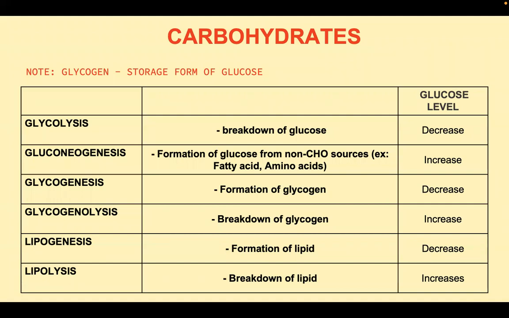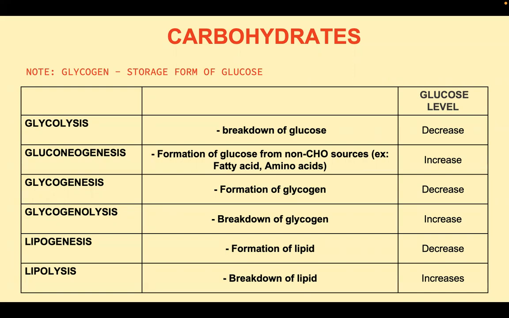So another additional information with regards to your glycolysis, it functions to produce energy in the form of your adenosine triphosphate or your ATP. And intermediate form can be converted to other substances like your amino acids and your fatty acids as well. Okay po.